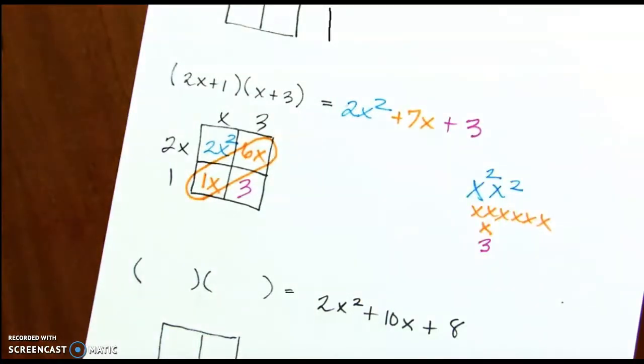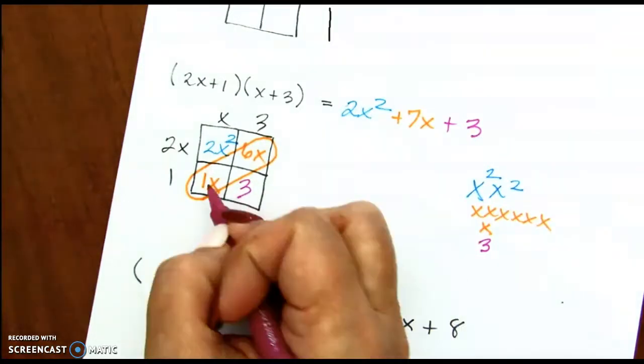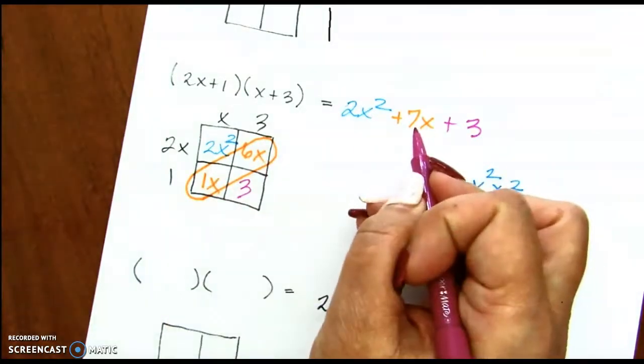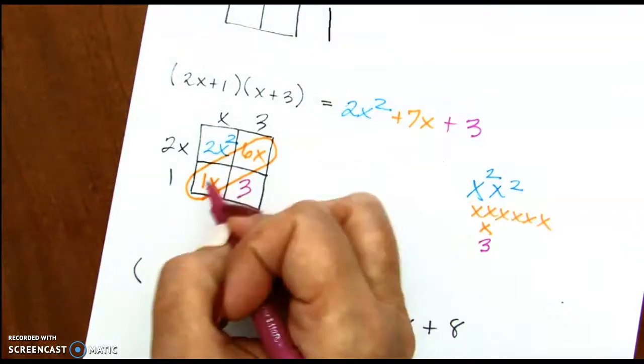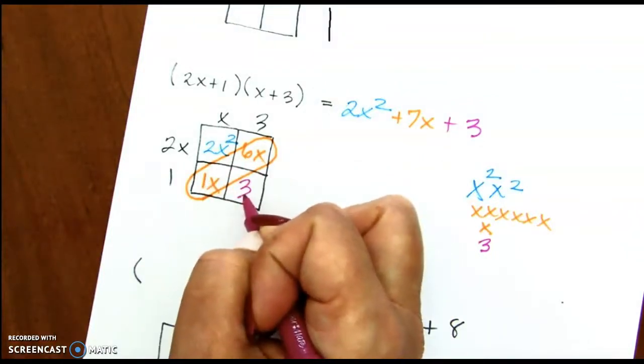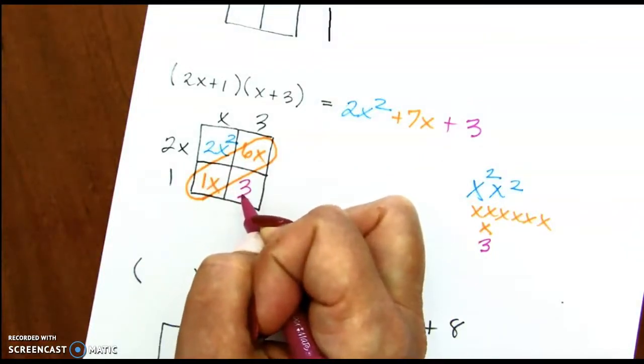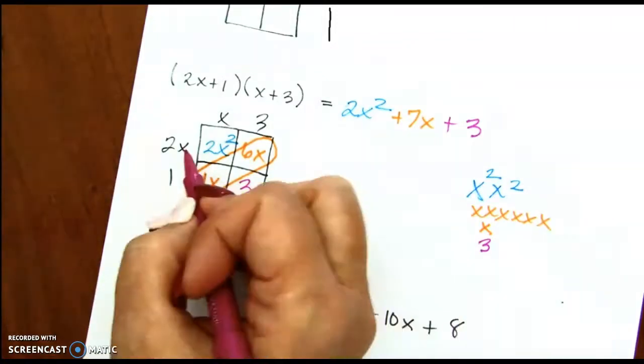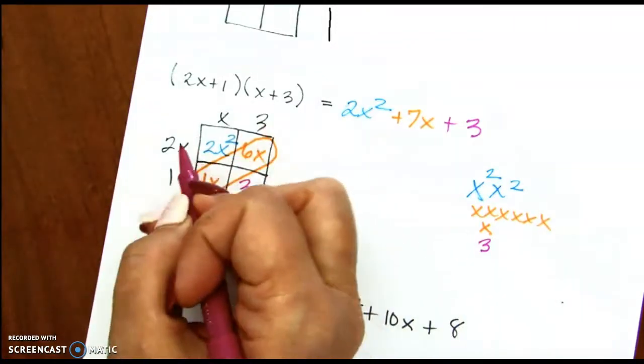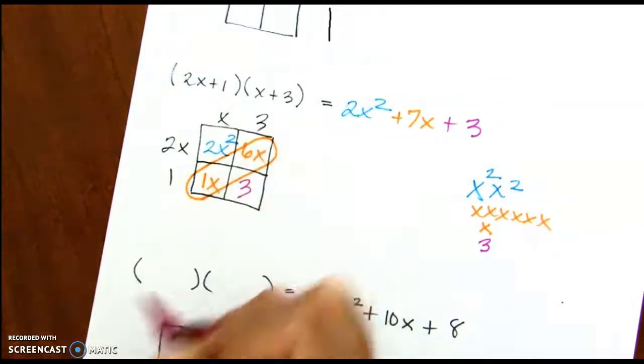So notice that 1 and 6 make 7, but check this out. 1 and 6, 1 times 6 is not 3. But remember, we didn't just say x times 3, we said double it. We doubled it.